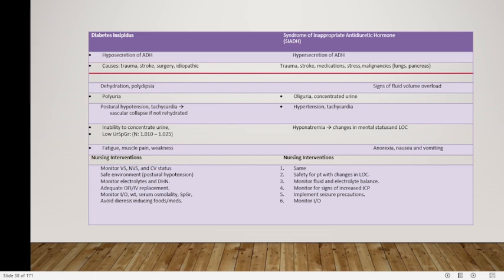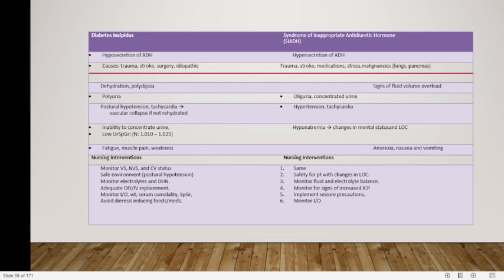We employ fall precautions. We monitor electrolytes. We look at adequate fluids. Monitor input, output, weight, serum osmolarity. We avoid diuresis-inducing foods.